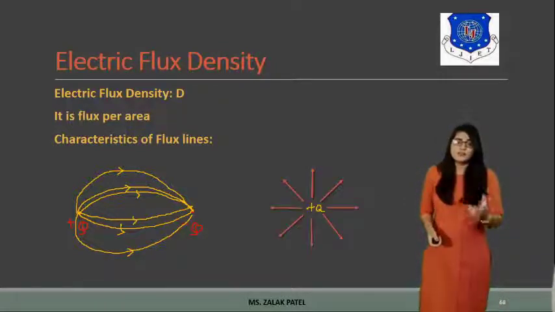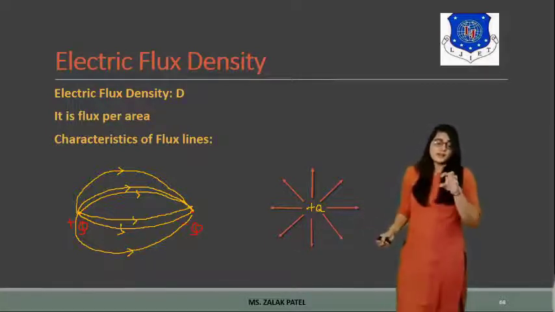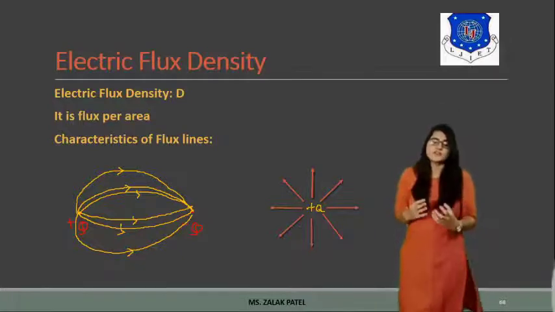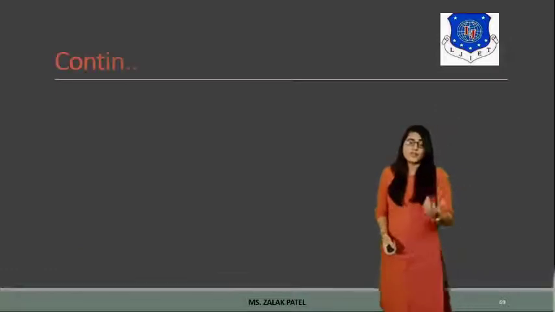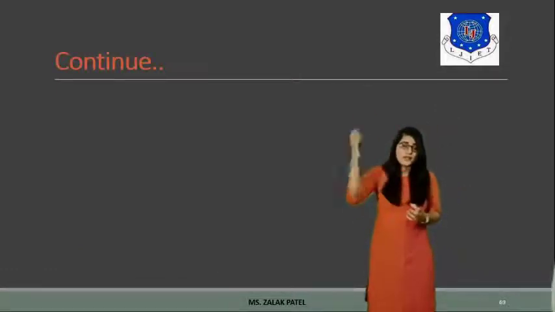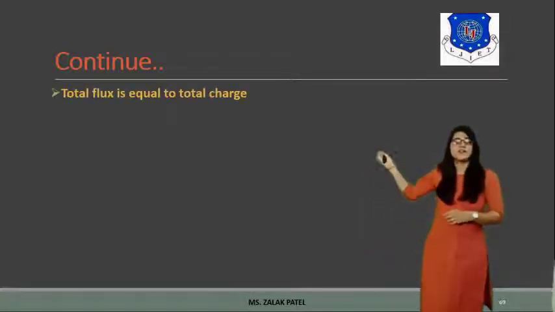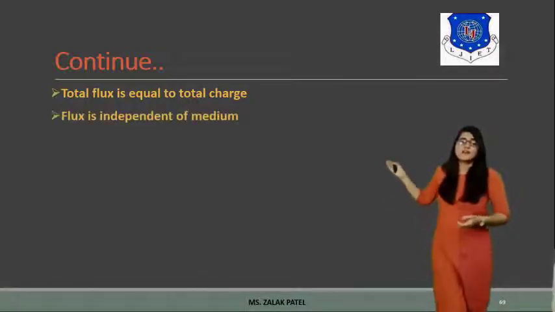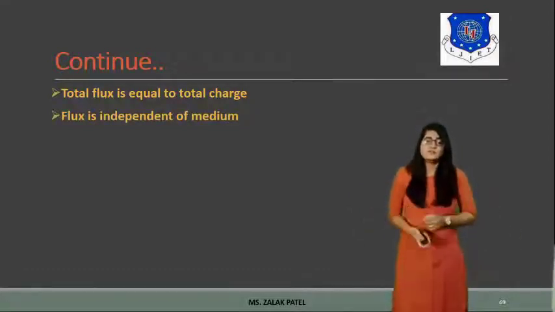Here, as I said, for the plus Q charge present at the center, the flux lines originate from the center and go towards infinity. For the negative charge, the lines come from infinity and end at the negative charge. So these are some statements related to flux lines: total flux is equal to total charge. Flux is independent of the medium, meaning whatever dielectric is used, it doesn't matter.